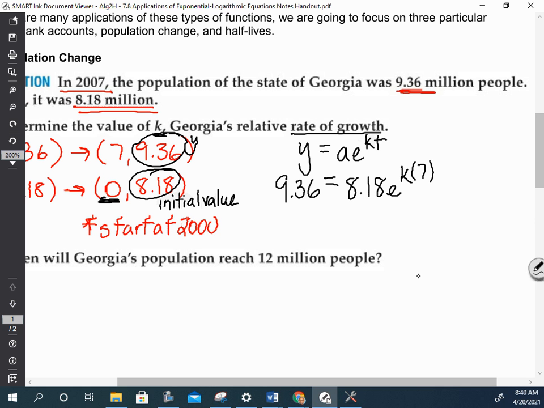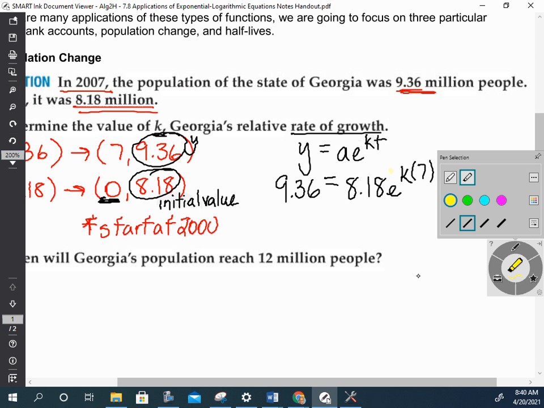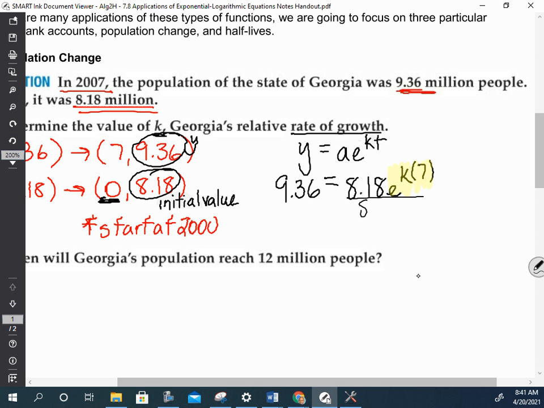So we need the E by itself. So we need this part by itself so that we can do the rewrite that we did yesterday. So 8.18's got to go. Divide it out. So 9.36 divided by 8.18 gives you 1.14425 and a whole bunch of numbers after it.